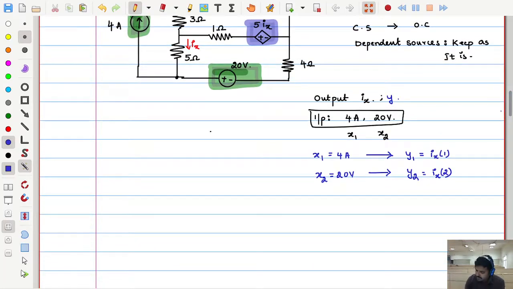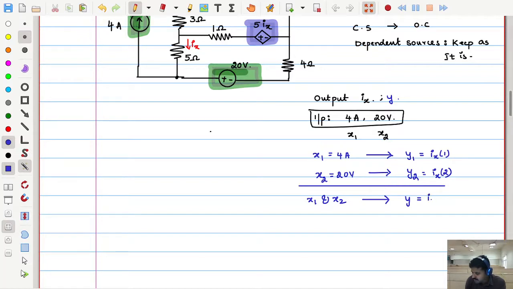In this way, only a single source is acting in this circuit, and it produces some output, which I call Ix of 1. When the second source is acting, its output is Ix of 2. When both sources X1 and X2 are acting together, what will be the output Y?